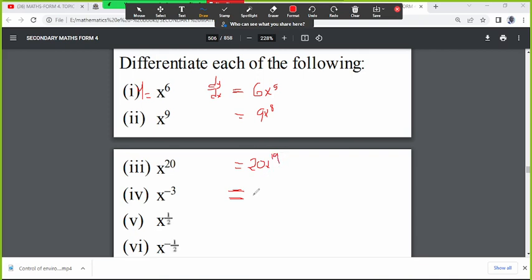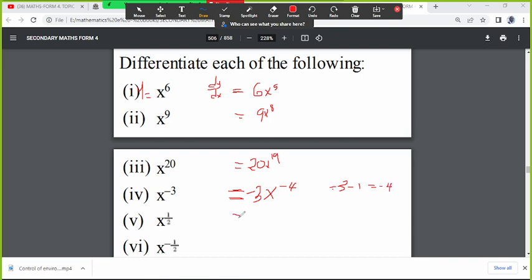Lois? Negative 3x to the power negative 4. Where are you getting negative 2 from? What is negative 3 minus 1? 4. Negative 4. Good.